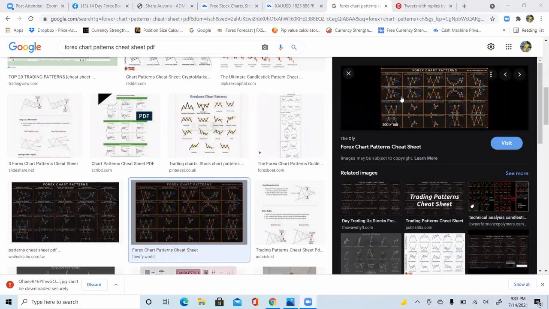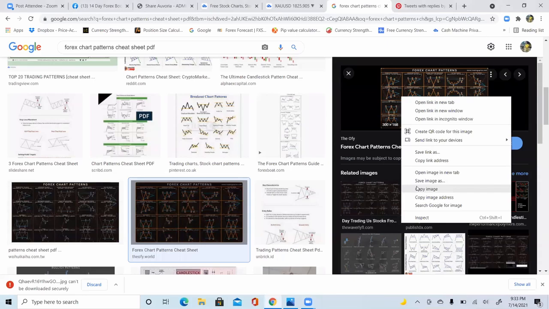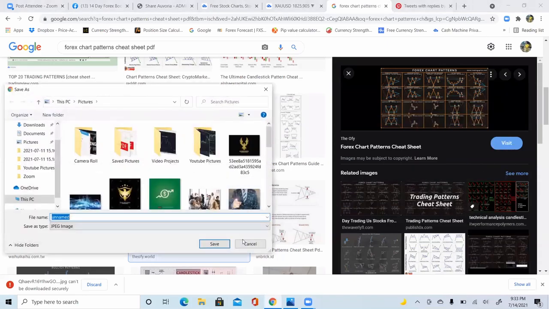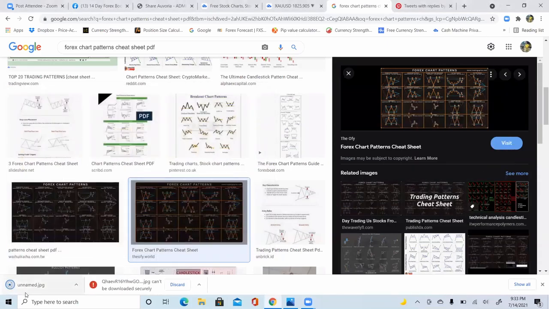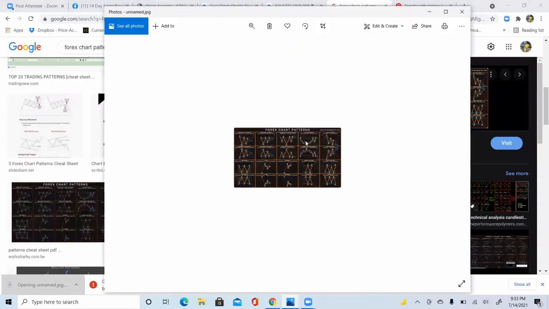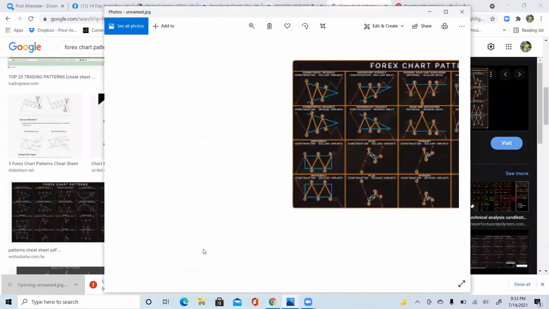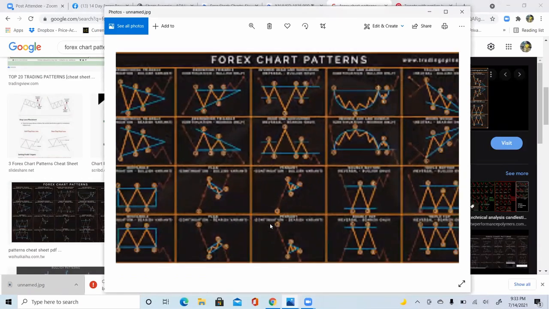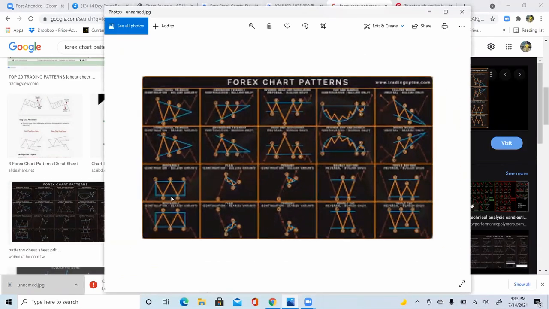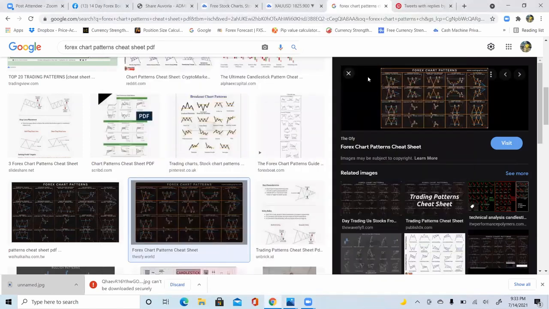Let's download this one. It's what I like to use. It's too blurry.